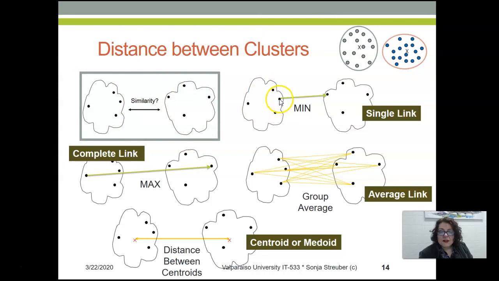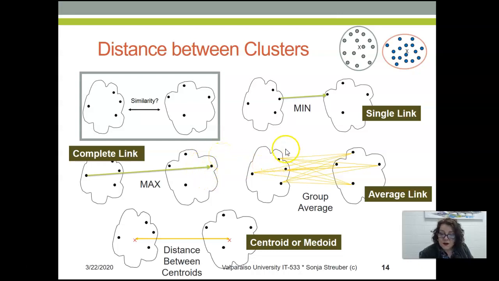We have the option of computing single link distance. Single link distance demarcates the smallest distance between an element in one cluster and an element in another cluster, so it's a minimum distance. And that's in contrast to the complete link, in which we calculate the maximum distance between one element in one cluster and an element in another cluster.